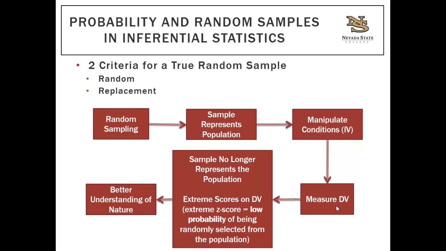And then we see if that sample that originally represented the population on pain still represents the population. The way that we make that decision, does this sample still represent the population after we've manipulated the independent variable? Or in this example, does this sample still have the same mean level of pain as the population after we gave them this drug?